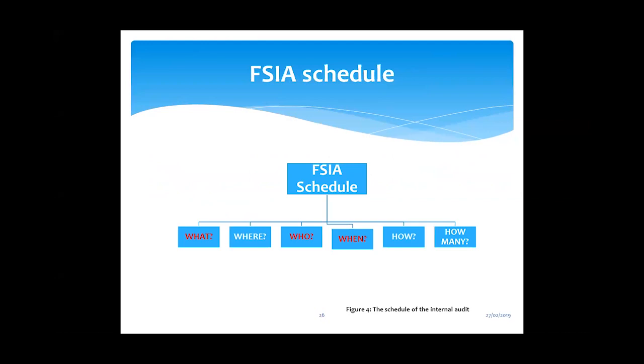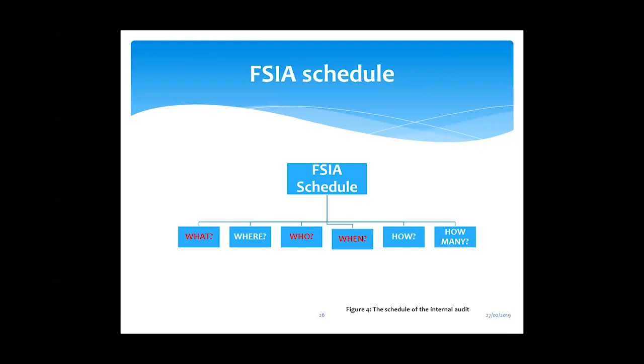If you look at the diagram, what means what areas you're going to be looking at, and where means which section you're going to audit. It's better to audit not your particular section, but a section which you don't have any responsibility for. If you audit your own things, there's a lot of bias.